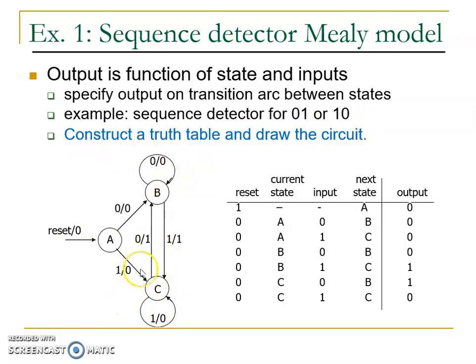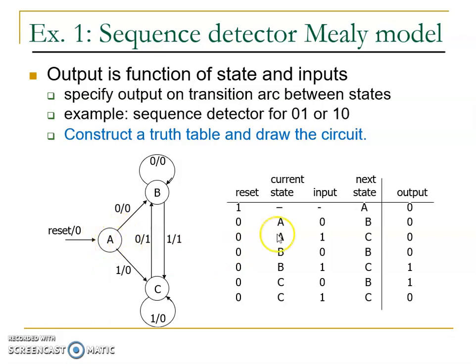After that, we can draw the truth table. For reset, if reset is 1, the output will be 0, meaning that this design is not functioning. If reset is 0, this sequence detector will start to function.